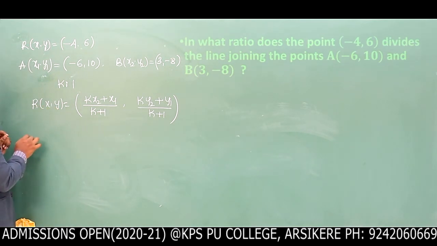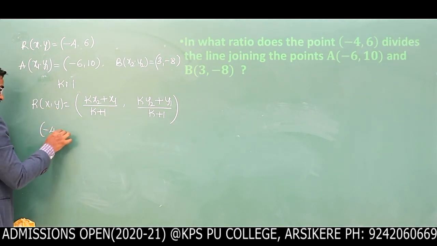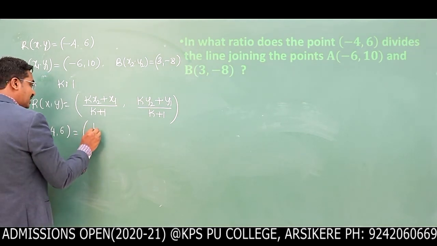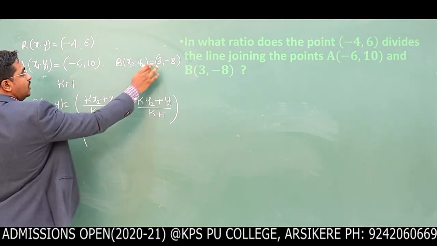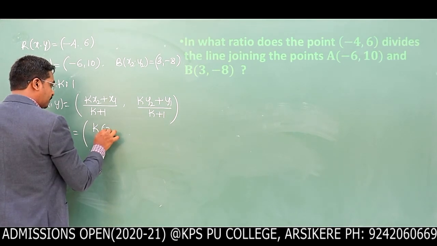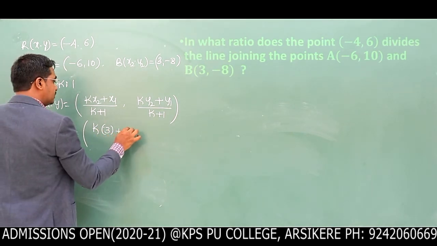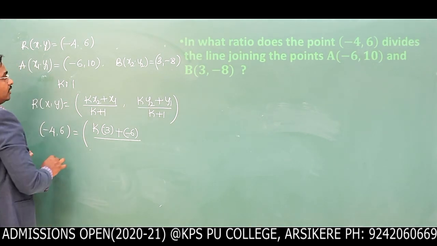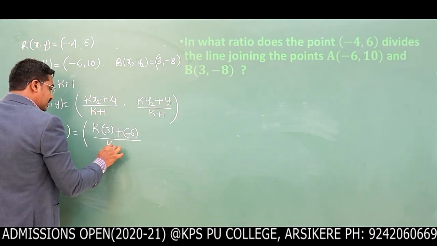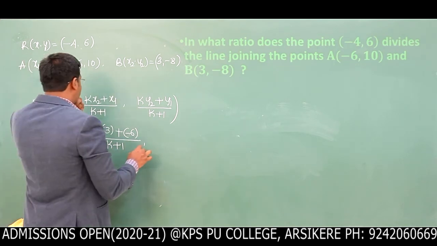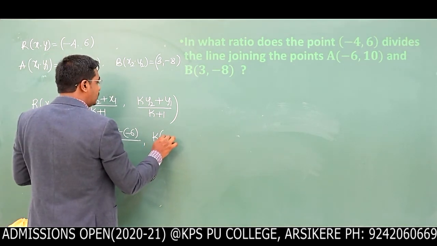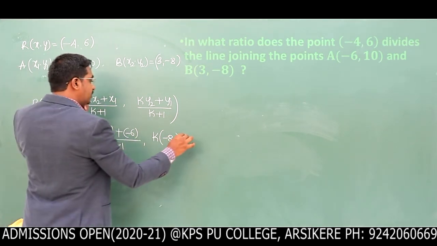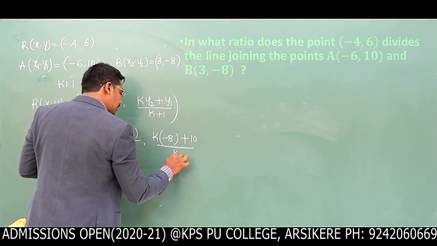So r of x comma y, the point minus 4 comma 6, is equal to kx2, write k as it is. What is the x2 value? x2 is 3, plus x1 minus 6, whole divided by k plus 1, write as it is. Comma, and second point, k as it is. What is y2 here? Minus 8 plus what is y1, 10, divided by k plus 1.